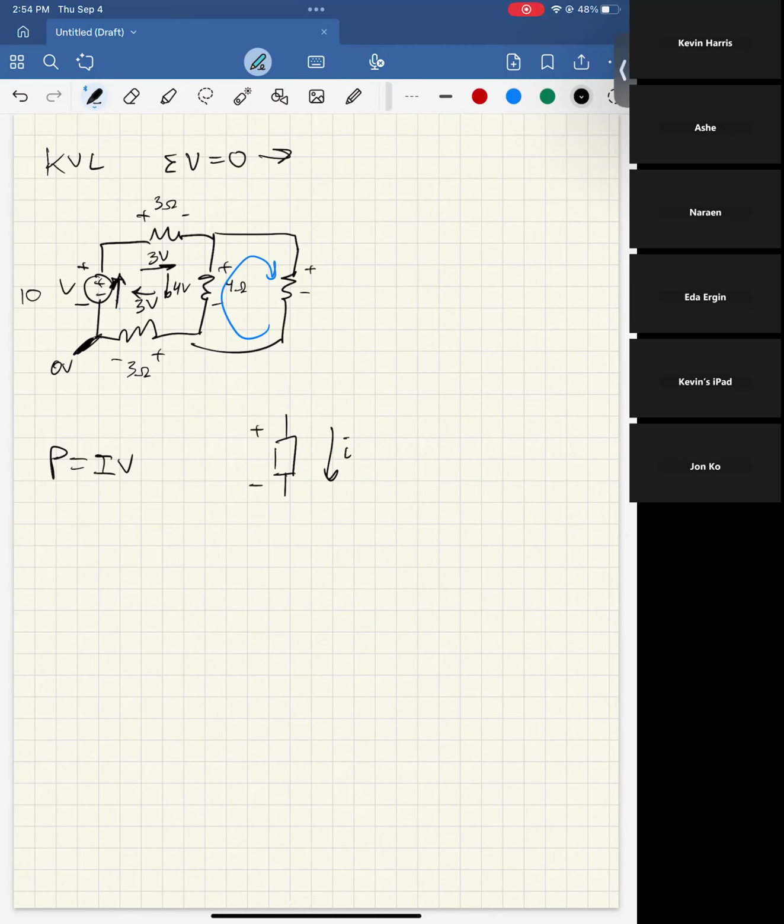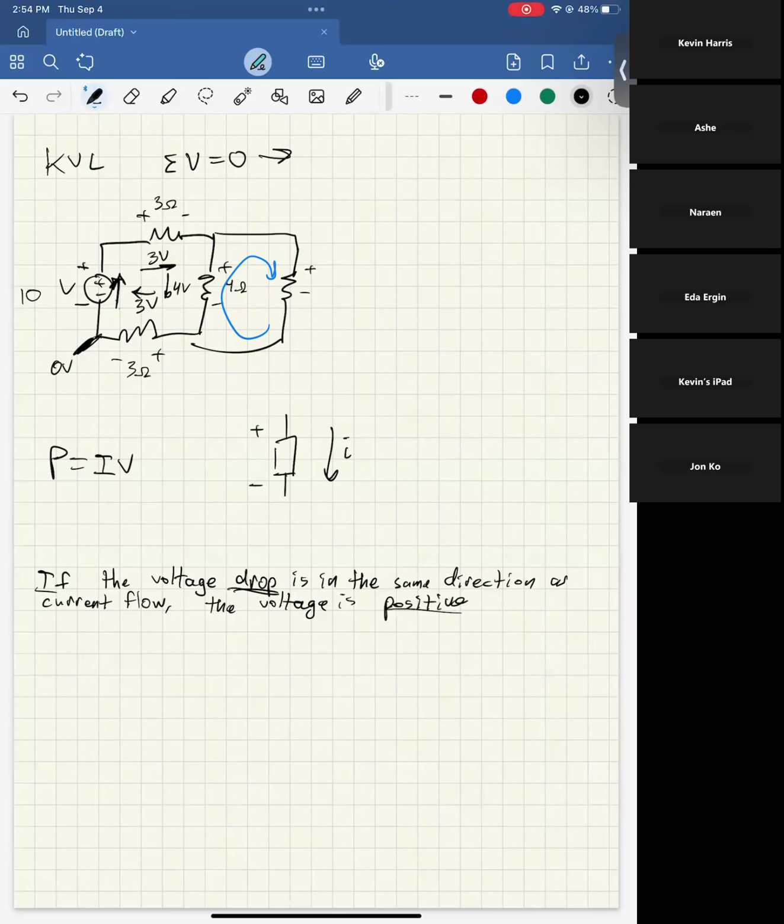I will write this in words because people get confused about this for a while because it's kind of counterintuitive. If the voltage drop is in the same direction as current flow, so I'll underline drop, the voltage is positive.